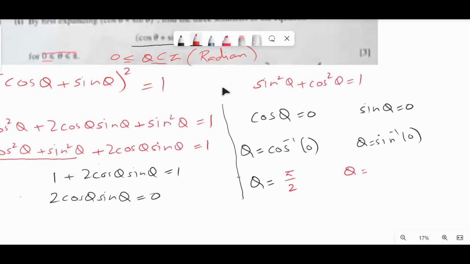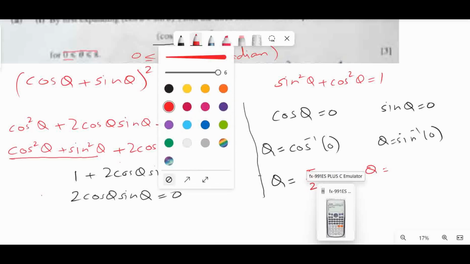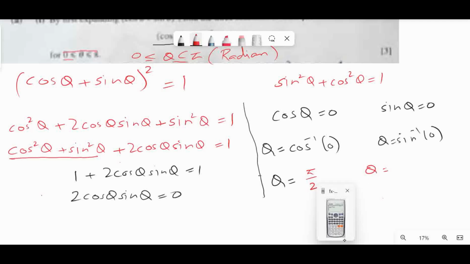When they say 3 solutions, then we have to add pi to each one of these. Like here the first answer is 0. When they say 2 solutions, we have to complete one round. Now when they say 3 solutions, we have to add plus pi to both of the solutions.